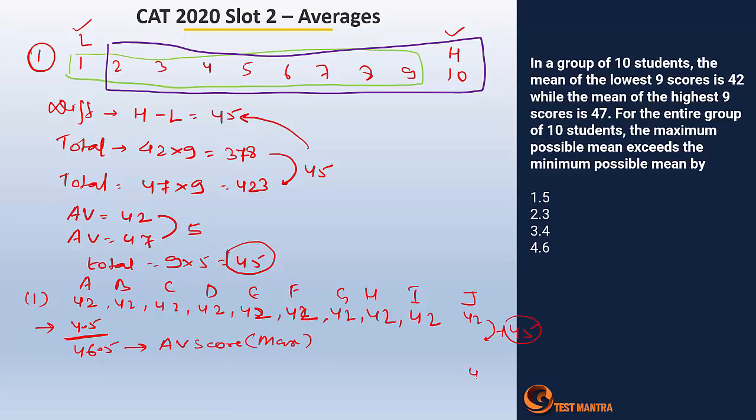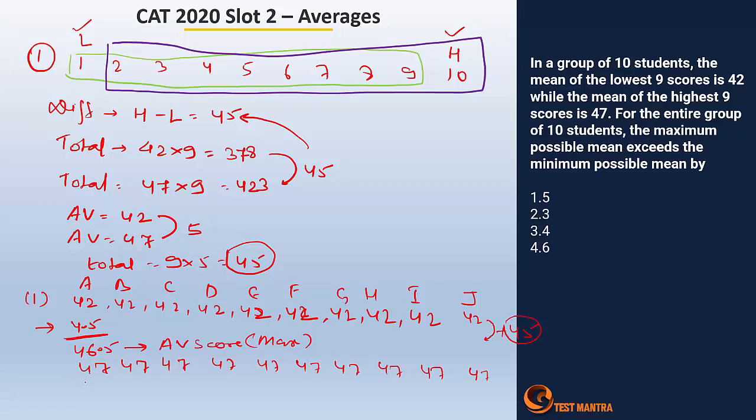So let's consider this one as 47, 47, 47, 47. I'll consider each and every score as 47, excluding the first one, right? Now why I'm considering 47? Because the average score is nothing but 47 here. So if I'm assuming that each and every score is 47, that means the average score will be 47. Suppose this fellow A have also scored 47, that means the overall average is supposed to be nothing but 47.